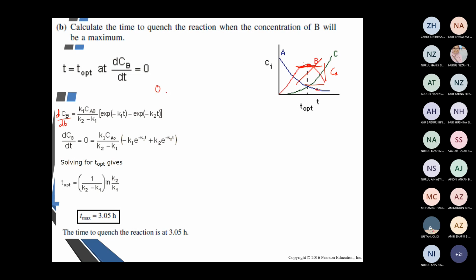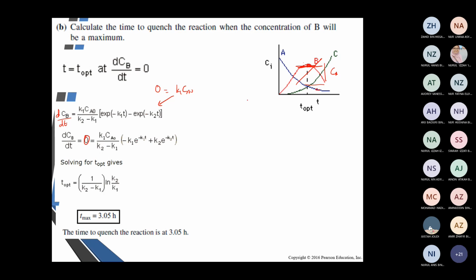So dia akan 0 equals to K1CA0, benda ni lah. Okay, so you differentiatekan dia dulu baru equalkan dengan 0. Okay, that's why kalau you tengok ni dia differentiatekan dia, okay, dapat benda ala ni. And then T optimum adalah bila CB ni kosong, so you rearrangekan benda ni.